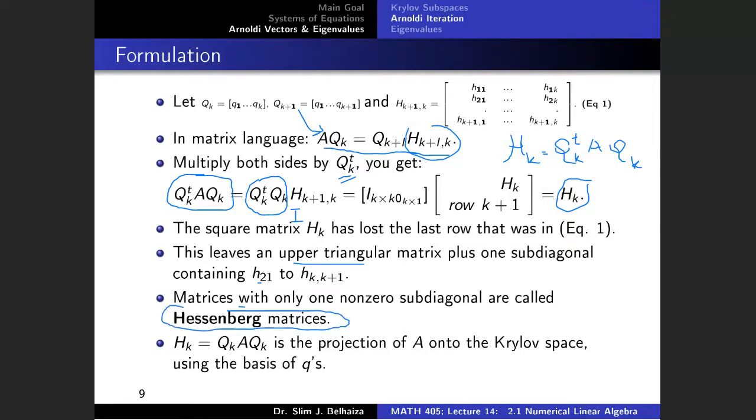In fact, because of the spectral writing, the Hessenberg matrix is the projection of A onto the Krylov space. That's why what Firas is saying is important, because here H_K is equal to Q_K transpose times A times Q_K. What you just did is a projection of A onto this reduced dimension subspace.